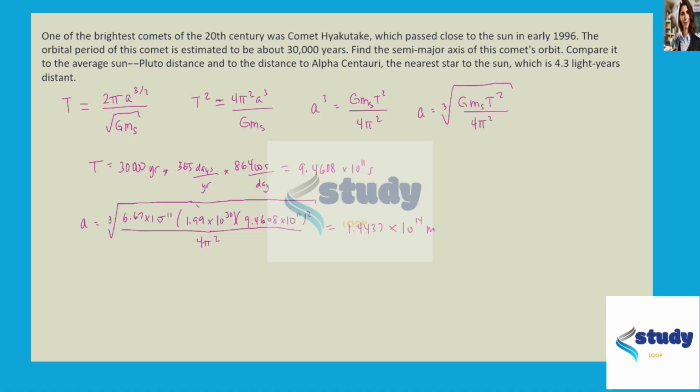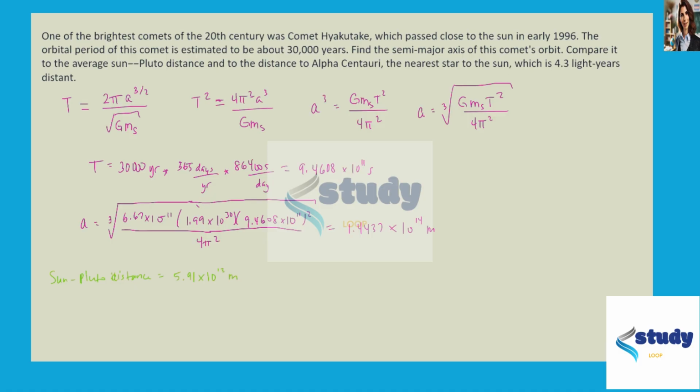And then we are asked to compare to the average Sun-Pluto distance and the distance to Alpha Centauri, the nearest star to the Sun, which is 4.3 light years away. So first of all, our Sun-Pluto distance is 5.91 times 10 to the 12th meters.